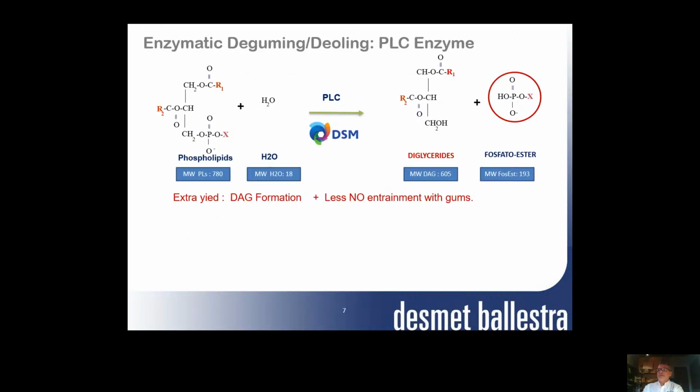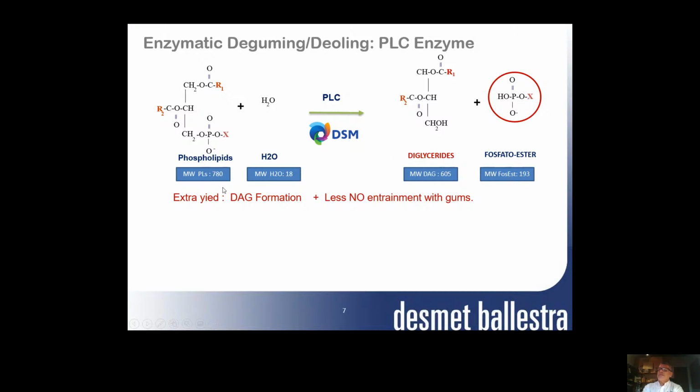Well, this is the enzymatic degumming treatment typically, which is starting from phospholipids. We are adding water and some enzyme, PLC in this case. We'll remove a phosphatoester with a low molecular weight, but recover a diglyceride with a very high molecular weight.